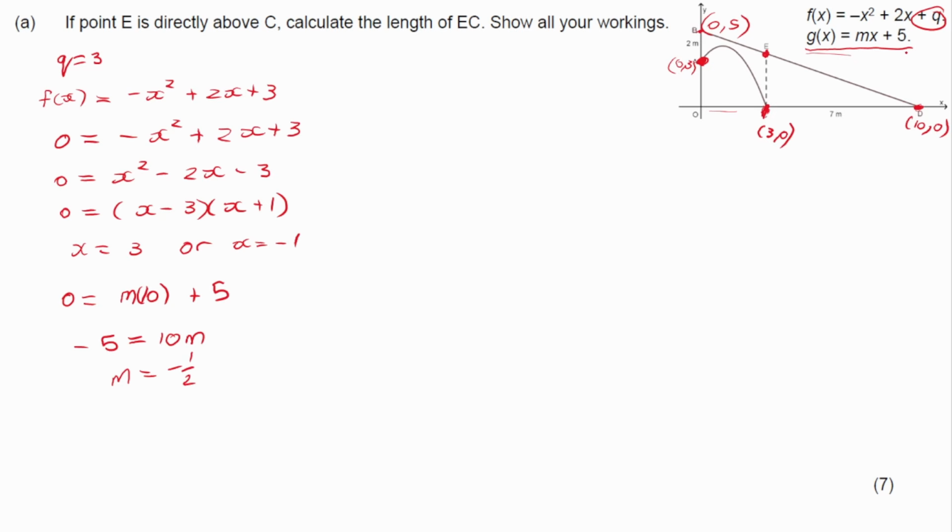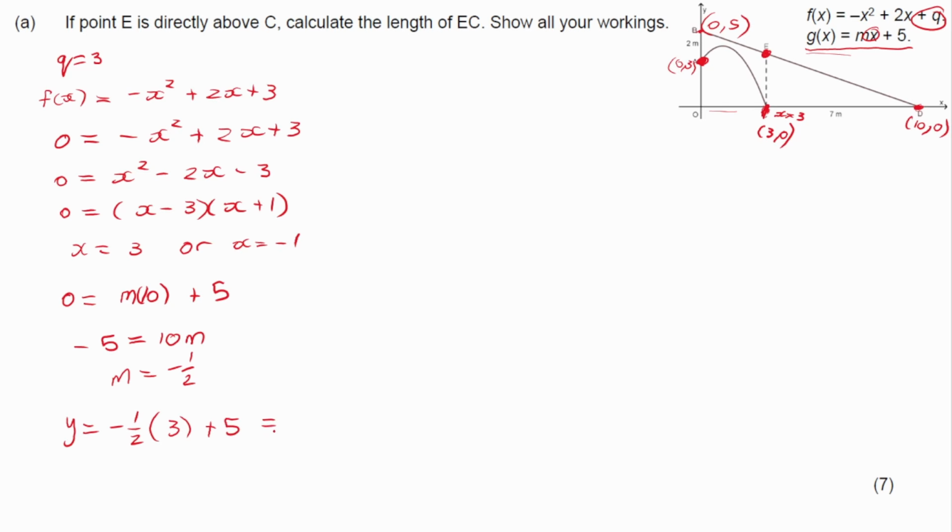So now we have the equation of g. We can use that equation to find this y value at E, because we know what the x is. We know the x is 3 at this point. So let me write that x is equal to 3. And that's true for E. So what we do is we say y is equal to our gradient, our x value at E, plus 5.